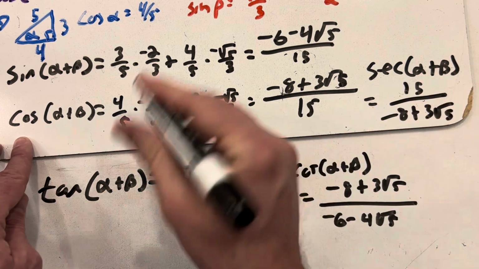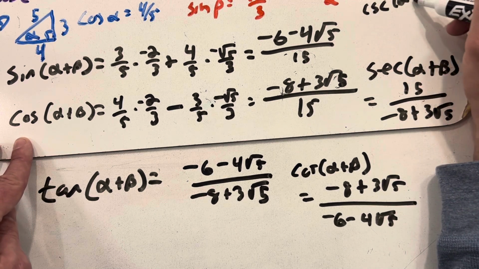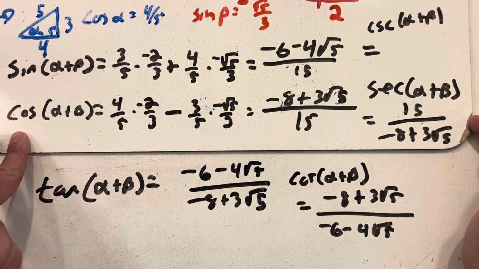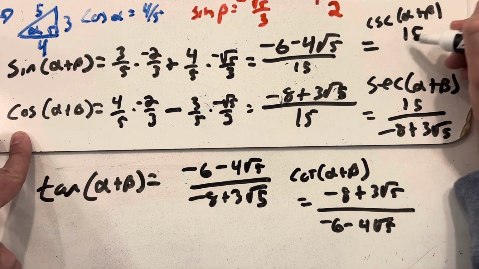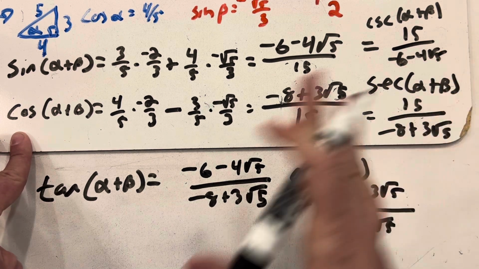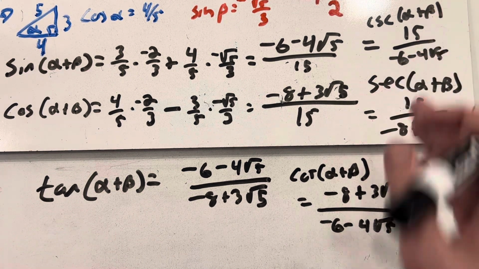And then one more, the value of cosecant, which I know is an upside down sine. More mathematical if I call it a reciprocal, but more fun to say upside down. 15 over minus 6 minus 4 root 5. We could rationalize these if we wanted to, but we don't need to. We have found our 6 exact values at alpha plus beta using the addition and subtraction formulas for sine and cosine, and then our quotient identities and 2 reciprocal identities.